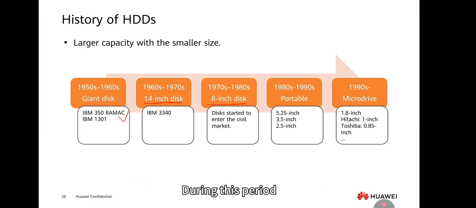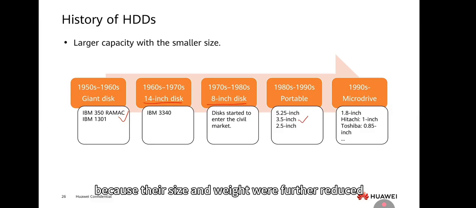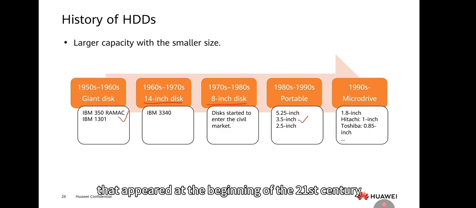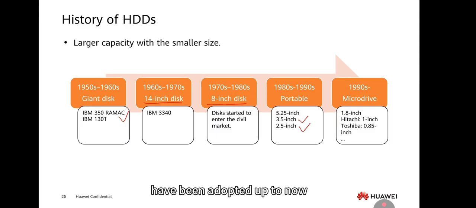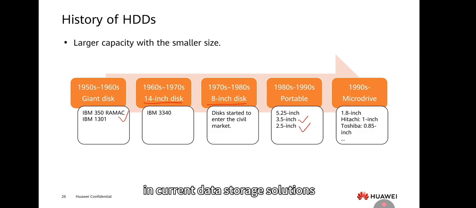During this period, 3.5-inch disks began to become mainstream because their size and weight were further reduced, enabling widespread use in personal computers. This 3.5-inch size and the 2.5-inch standard that appeared at the beginning of the 21st century have been adopted up to now, becoming the most commonly used disk size standards in current data storage solutions.